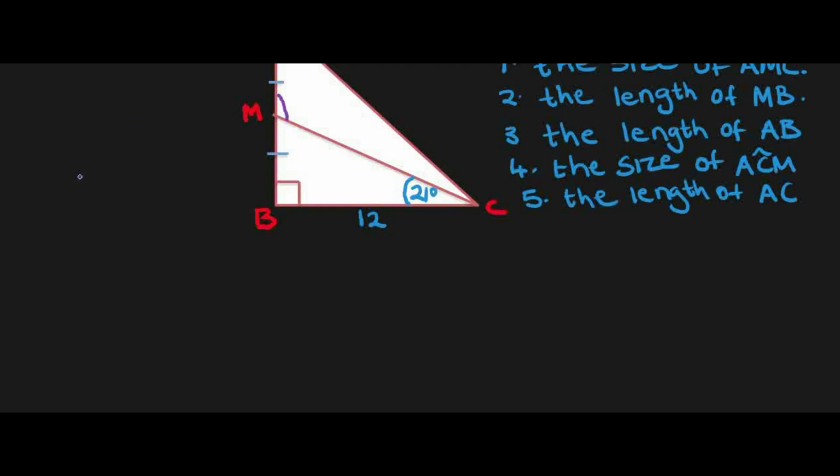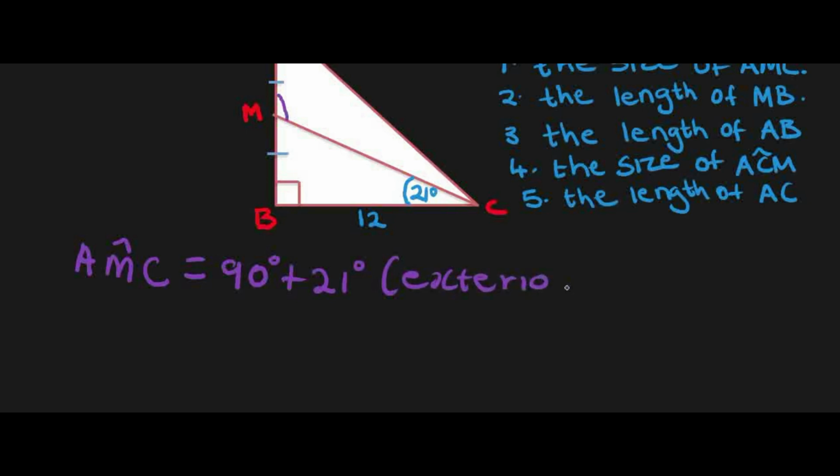Now let us apply that rule, which means here we are going to say angle AMC is equal to 90 degrees plus 21 degrees. Reason being, this is an exterior angle.